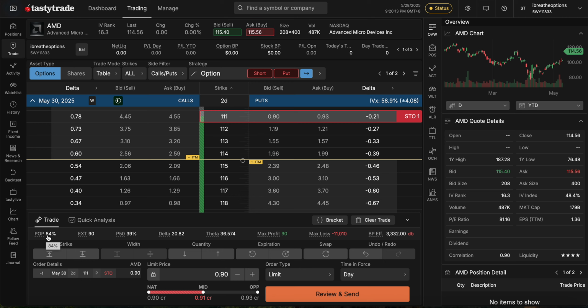However, delta is more of an approximation, while probability of profit is more of a model-based projection. So delta is useful for strike price selection or hedging, while probability of profit is more of risk assessment and trade planning. But to me, it's about the same, just that the definition is different. It's just more of an approximation.